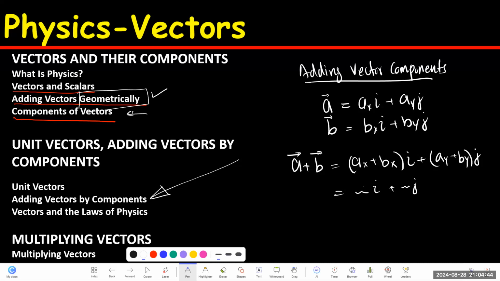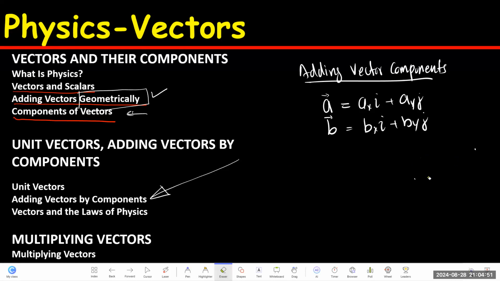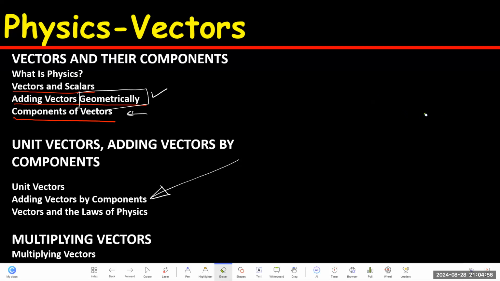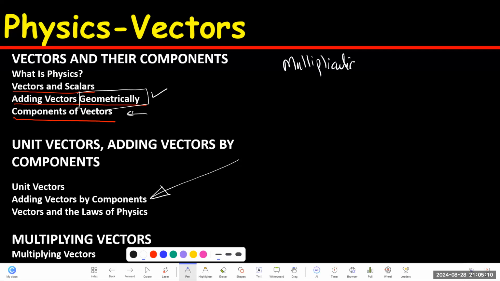Now we're going to talk about how we multiply two vectors. Multiplication of vectors has two methods.